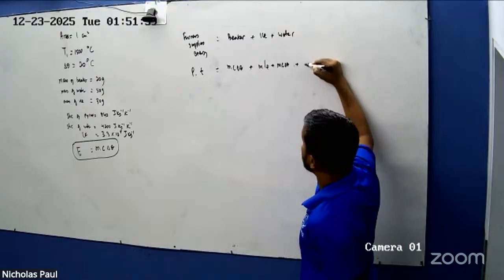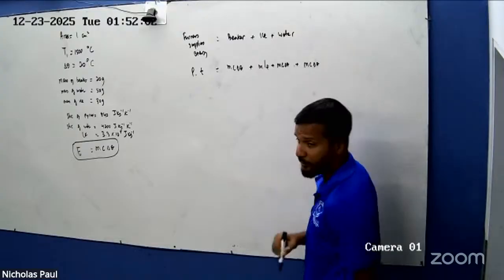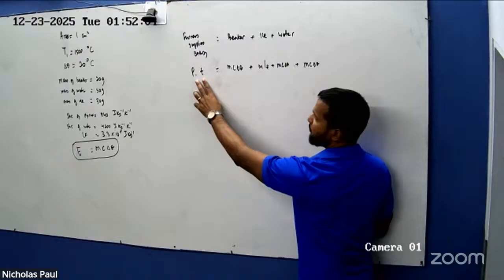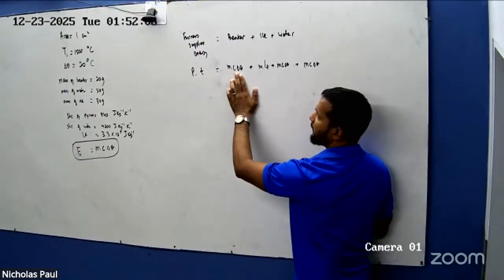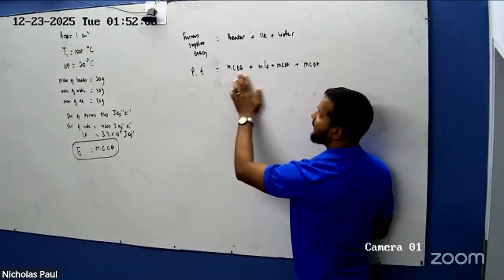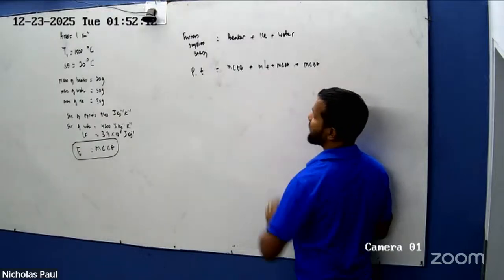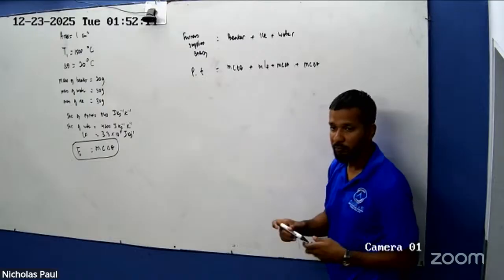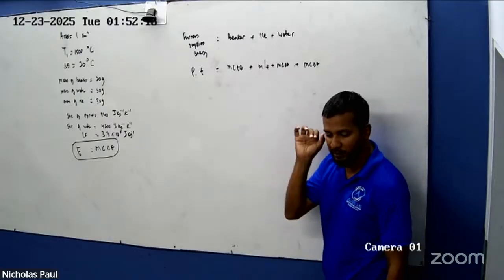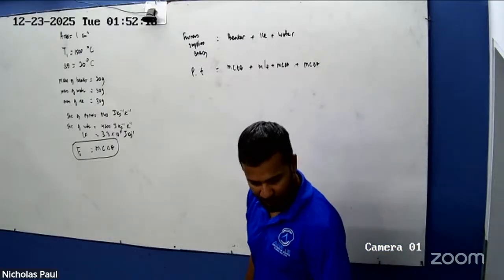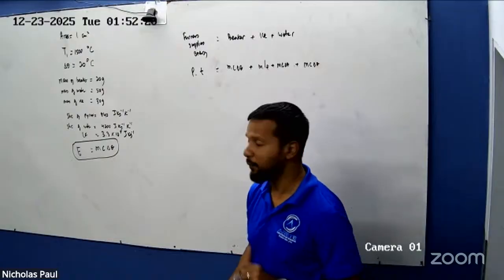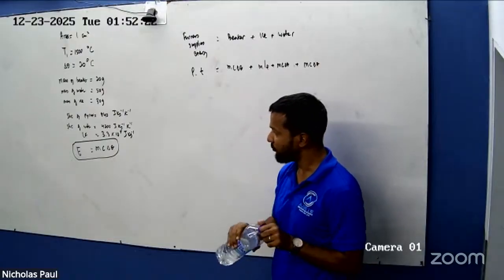The water underwent a temperature change. So when the furnace supplies the heat, it's changing the temperature of the beaker, melting the ice, then changing the temperature of the ice water, and changing the temperature of the water. Right? Put in your values, work in kilograms. Let's see what you get.